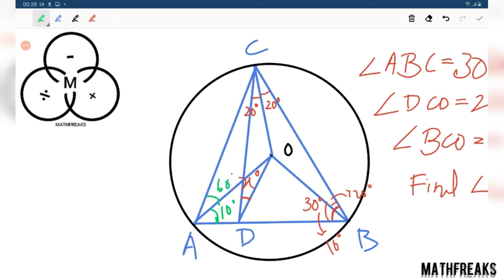We can also do this, that this was 140 degrees. Similarly, by applying the angle sum property, this is 180 degrees. Sorry, what am I saying?